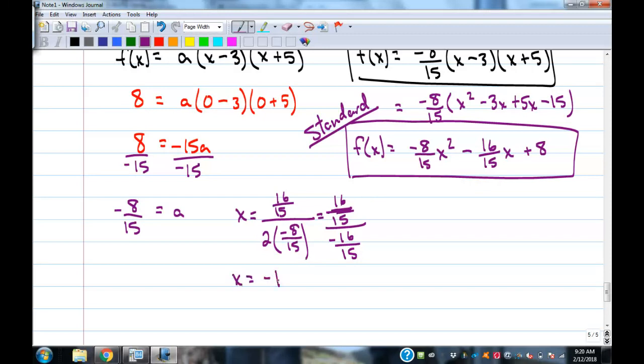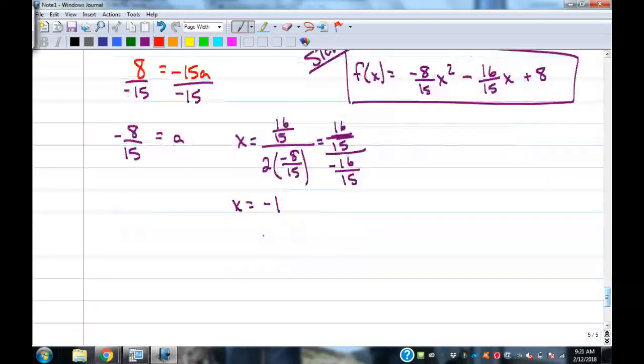Negative 1. You divide 16 over 15 by the same thing, and it's just negative. So negative 1, that's our axis of symmetry. But it's also the x part of the vertex, right? So we can take that and find the y part of our vertex.